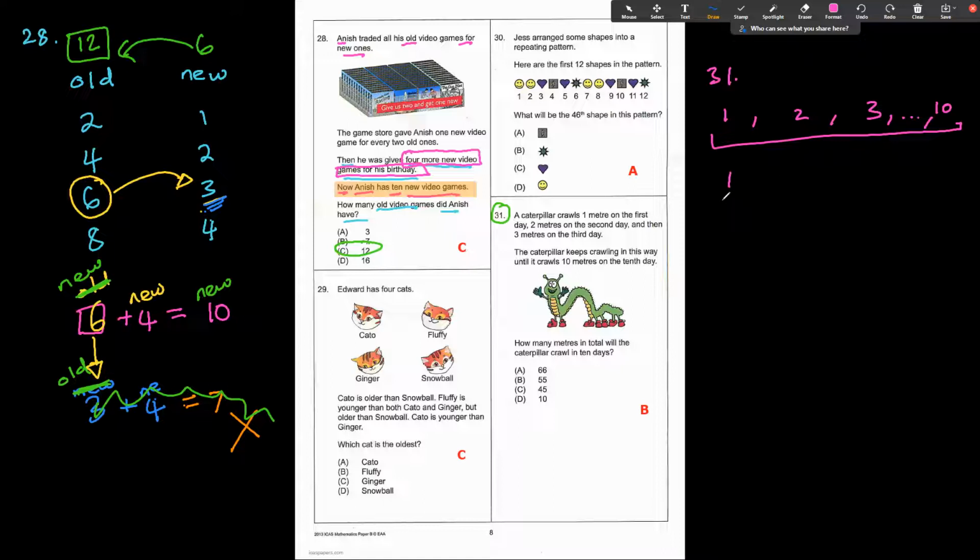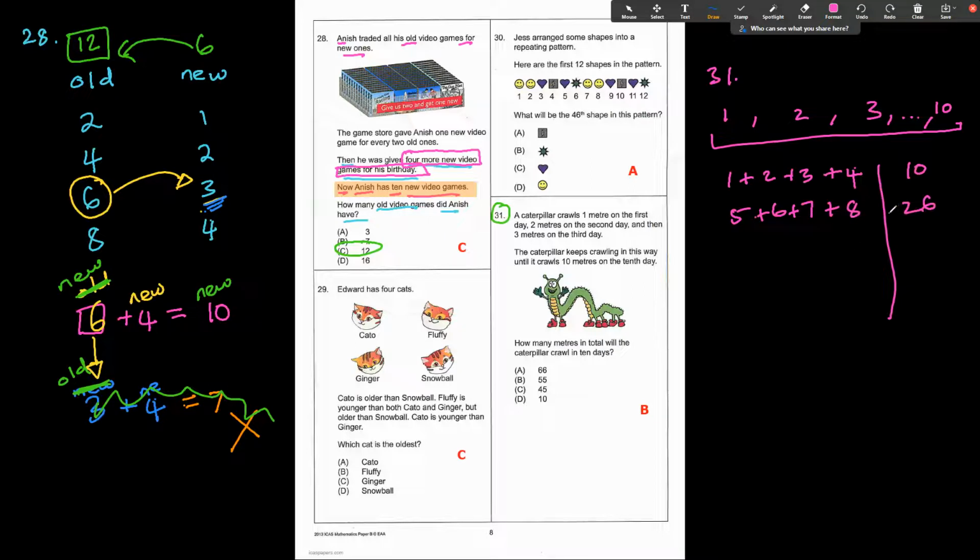So we're going to go 1 plus 2 plus 3 plus 4. Let's add 4 at a time. Okay. What's that going to give me? 1 plus 2 is 3. 3 plus 3 is 6 plus 4, which is 10. Let's go 5 plus 6 is 11. Plus 7 is 18. Plus 8 is 26.